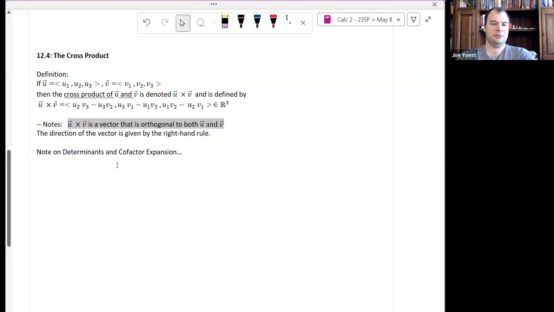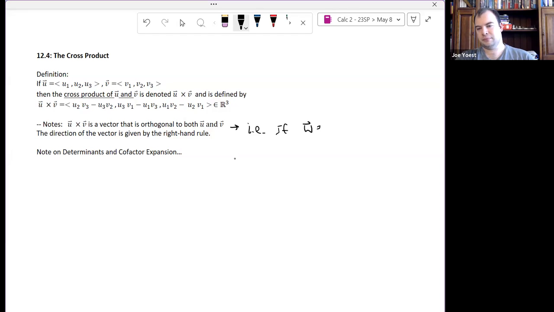So two notes. The cross product is a vector that is orthogonal to both u and v. In other words, another way of saying that, if we say that w is u cross v, well, what did it mean to be orthogonal?